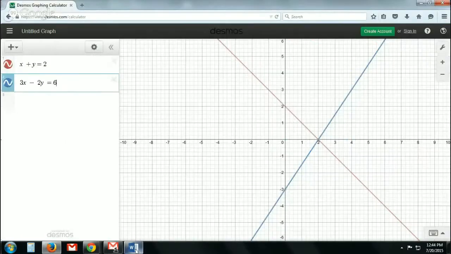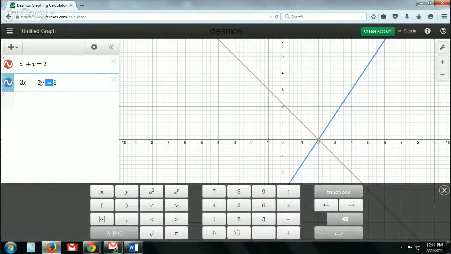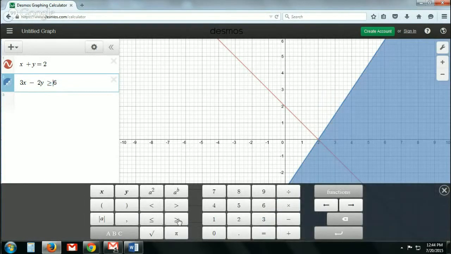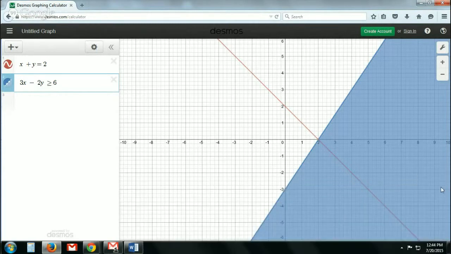So we're going to want to shade away from 0, 0. It's this side of the blue line that will get shaded. Let's change this from an equation to being greater than or equals, and you can see that we have shaded away from 0, 0 for the second inequality.